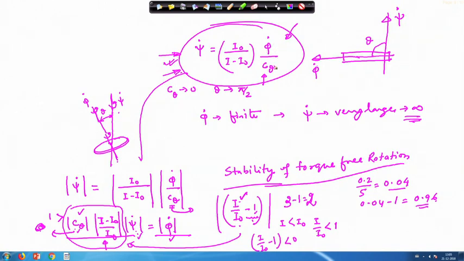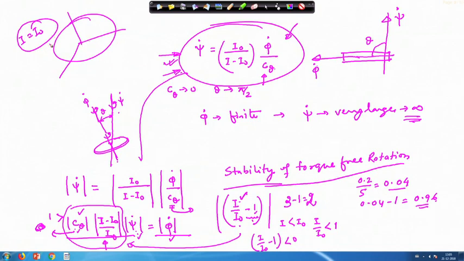What happens as theta tends to 0, or what happens when I and I0 become equal? Once I and I0 are equal, what happens in that case? I and I0 becoming equal means it is the case of a sphere. All three moments are becoming equal, so this becomes 0. So, what does this mean?